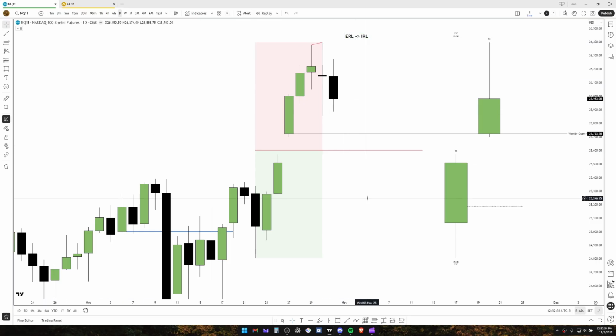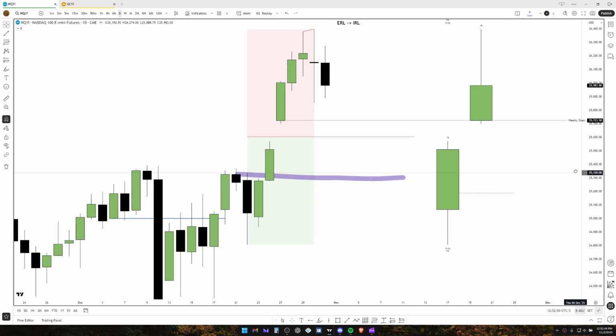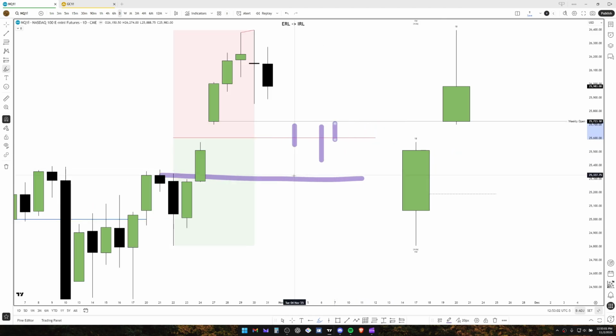And then once we reach this area, back into discount, maybe we can hit this order block here. Maybe we just react right off the 50%, but we're going to have to start framing that swing pattern, 1, 2, 3, like this, wherever we reach. But I still have a rough idea of where we are.